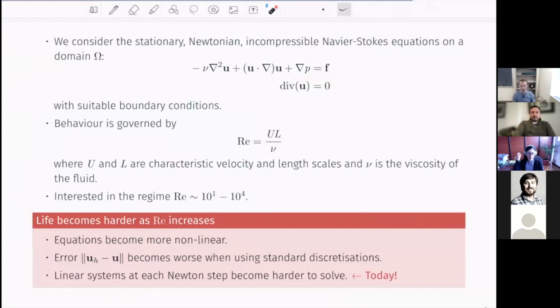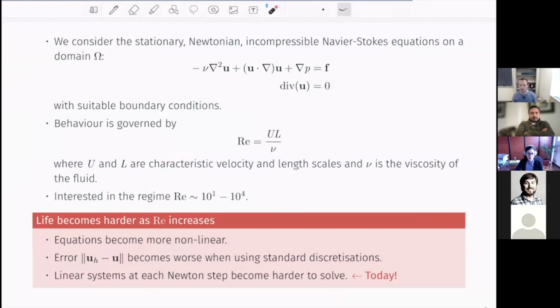If you've done any fluid dynamics before, then you know that the behavior of these equations, and of any fluid, is governed by the so-called Reynolds number. The Reynolds number is the ratio of the characteristic velocity and length scales to the viscosity of the fluid, right? So if you have something that moves very fast over very long length scales, the Reynolds number is very high.